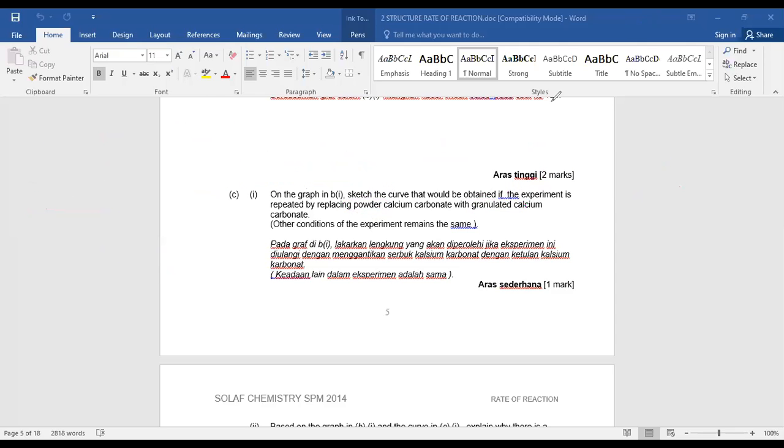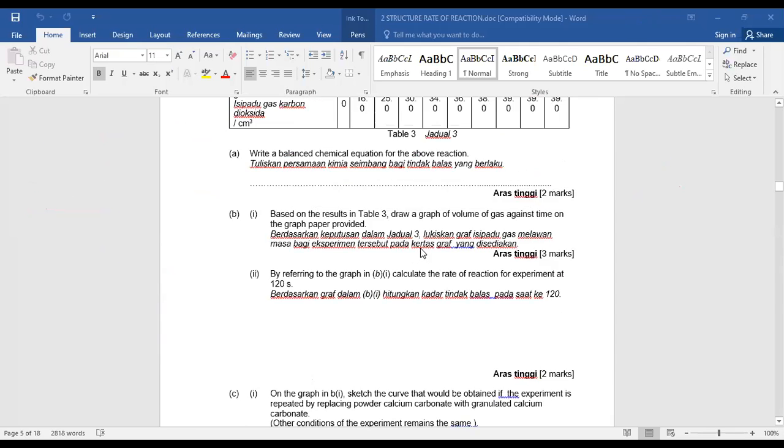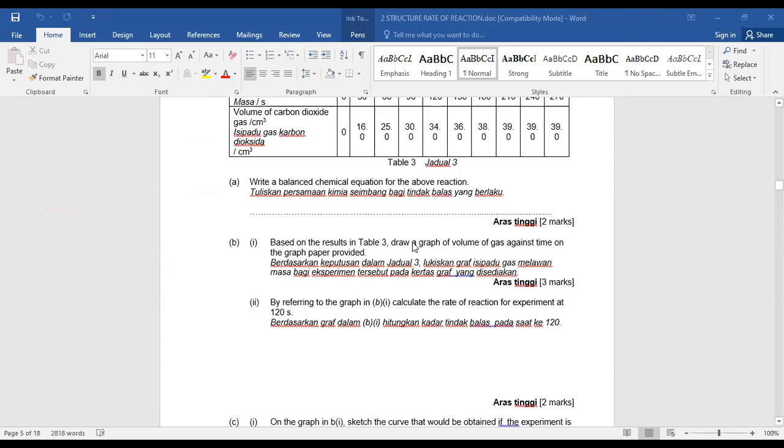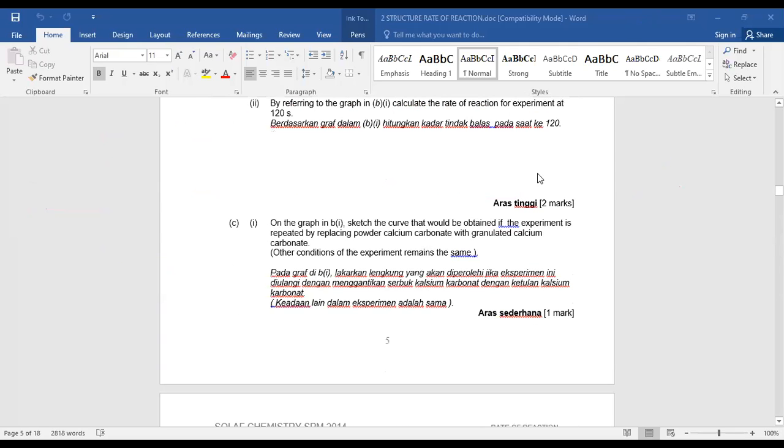We are going to go up to the graph there. Let's say the graph that you obtain is this one, using the powder CaCO3. We know that when we use the granulated calcium carbonate, the rate of reaction will decrease.